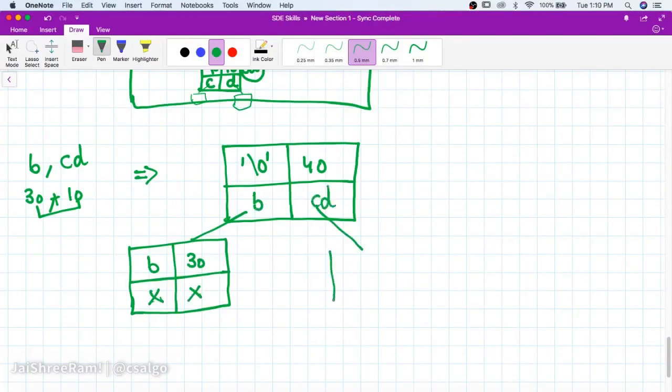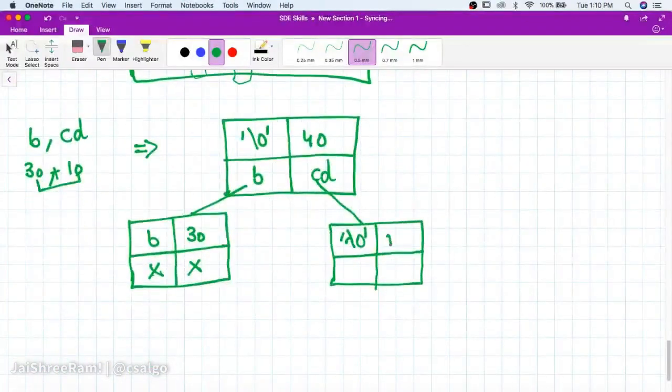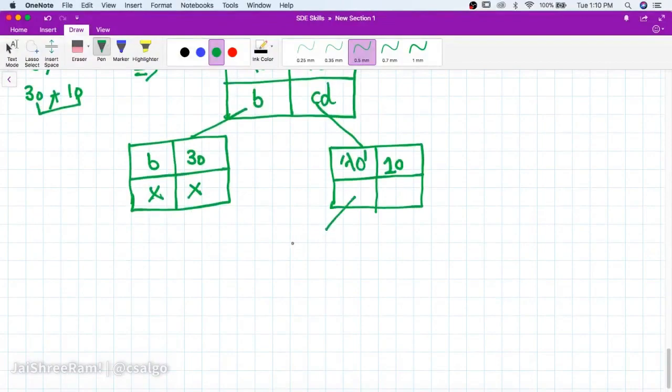So the CD node was this node. Its character is a null character, and its cost was 10. On its left we had a node C. I am just creating the structure again to elaborate, so that you are not confused with how this is working.